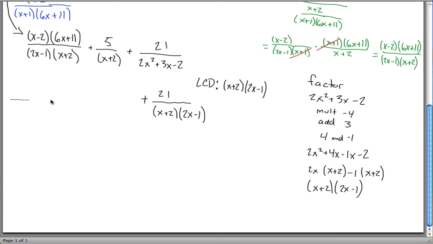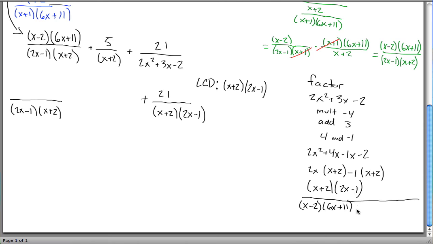Okay, let's see here. We already have 2x minus 1 times x plus 2. On the top here, I could just copy this, but we're going to want to get rid of those parentheses. So maybe down in the corner, if I have any corners left, I'll multiply those top two out. I'll multiply x minus 2 times 6x plus 11.